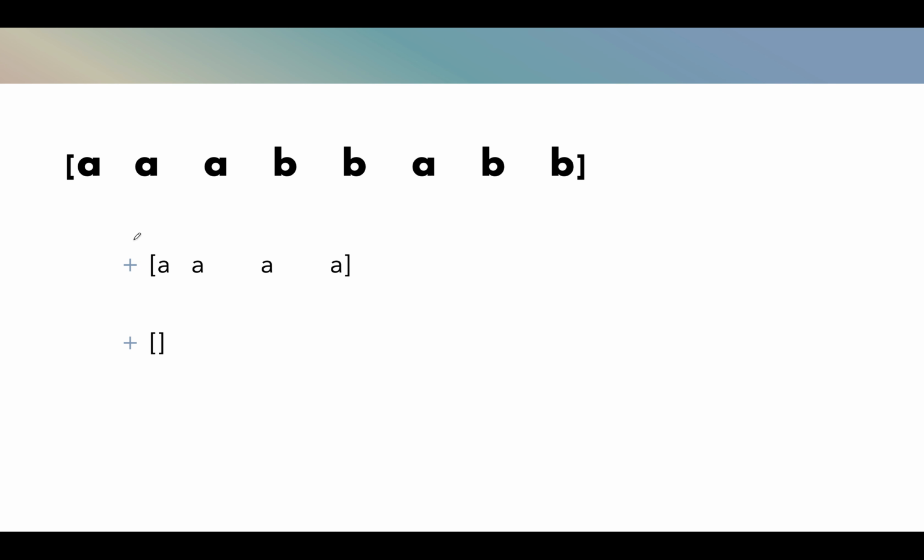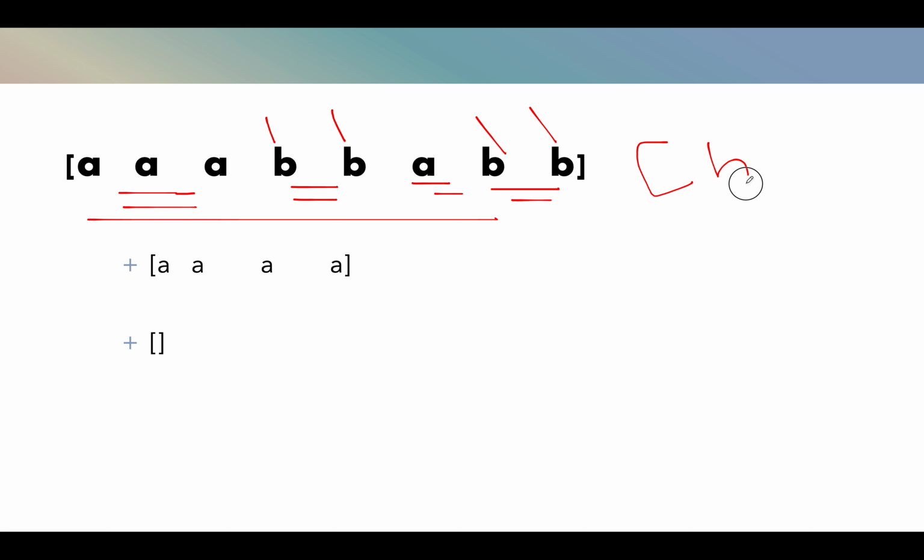So let's talk about the solution with an example. It is a slightly bigger example that I have taken. We have three A's, two B's, A and BB. If you extract the first palindromic subsequence from this, what you can do is remove B, B, B, B. Four B's will be removed, and what will be left?